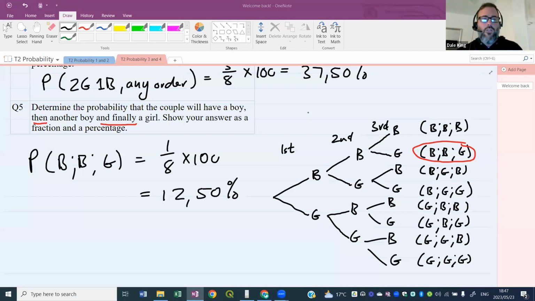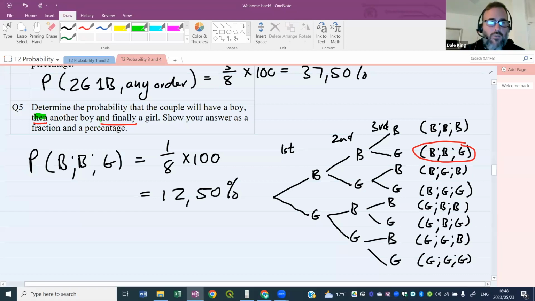All right. So this question was specific with the order. How did we know? There were words in there. So math literacy is not just about the math. It's about interpreting the question. They say determine the probability that a couple will have a boy, then another boy. So you have a boy first, then a boy, and finally a girl at the end.